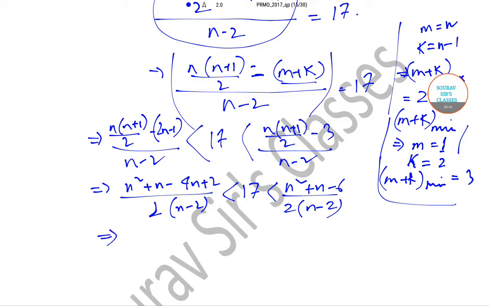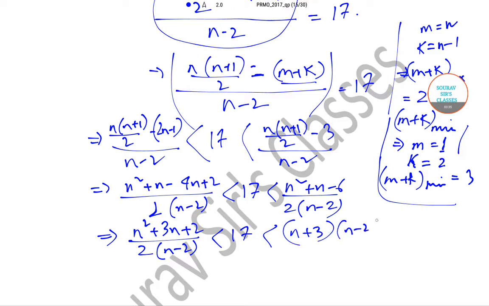Since we know that n is greater than 2, we can cancel the denominator section, and we can write it as n square plus thrice n minus 2 upon 2 into n minus 2.